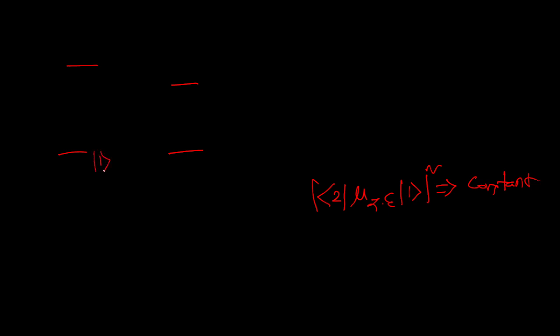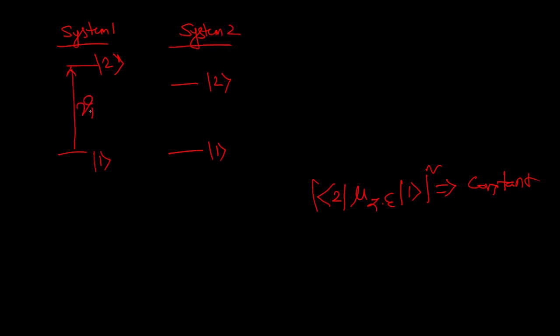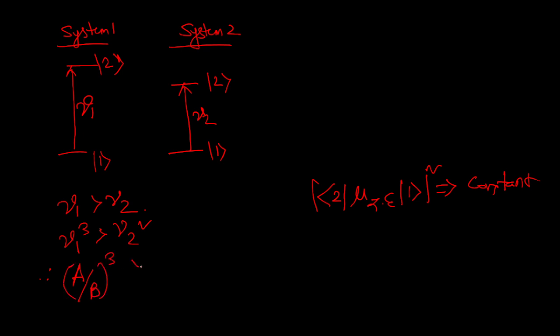Now consider system 1 and system 2. So this will be delta nu 1 and this will be delta nu 2. So nu 1 is greater than nu 2. As a result, A by B goes as nu cube.